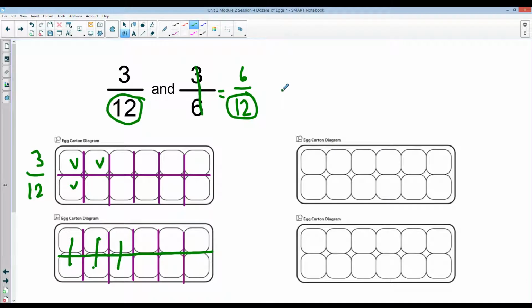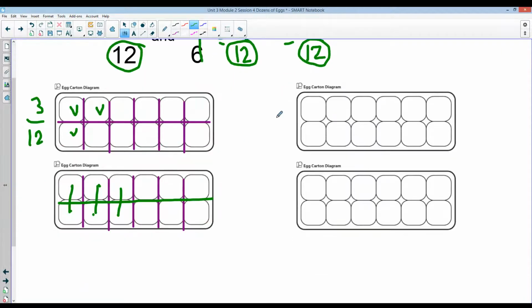So now we just say equals. We just cha-cha slide that over, and then 3 plus 6 is 9. And we can even look at this. Let's take these 6 here and move them up into this one: 1, 2, 3, 4, 5, 6. We'll divide that up into 12ths.